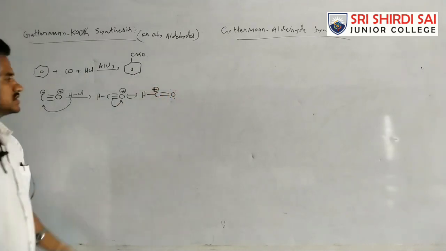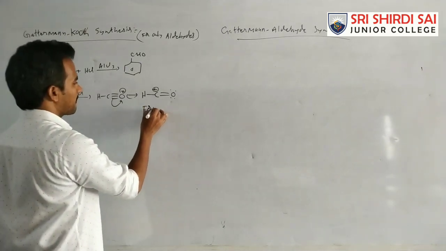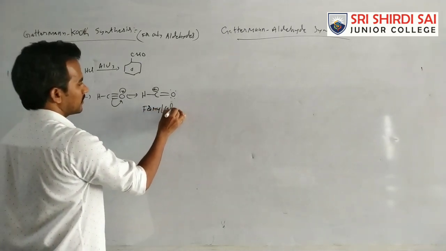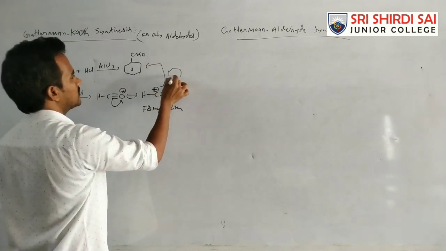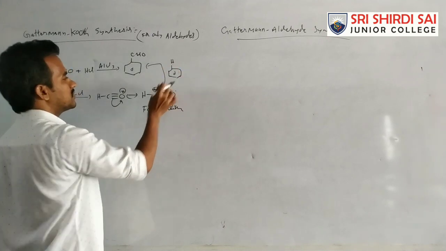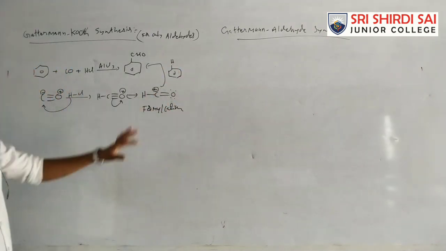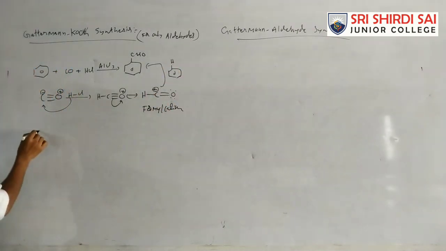Now this formyl cation is the electrophile. It attacks the benzene, so H plus is replaced by the formyl cation electrophile. That is the Gattermann-Koch synthesis, very easy.